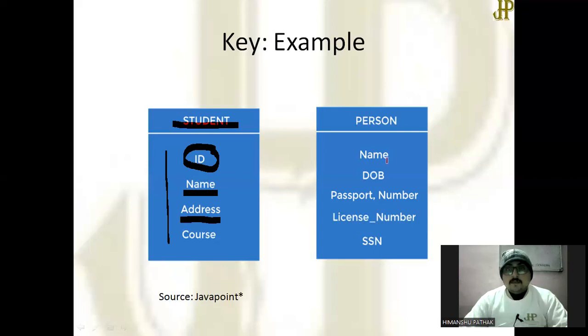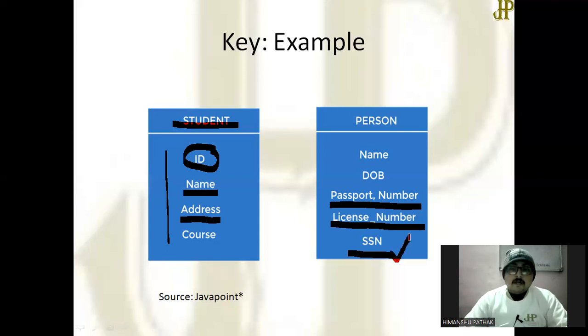Here, there are various columns that can be used as a key, like passport number, license number, or social security number that is assigned in the US.